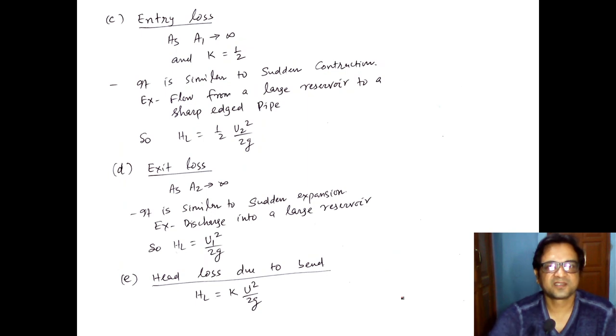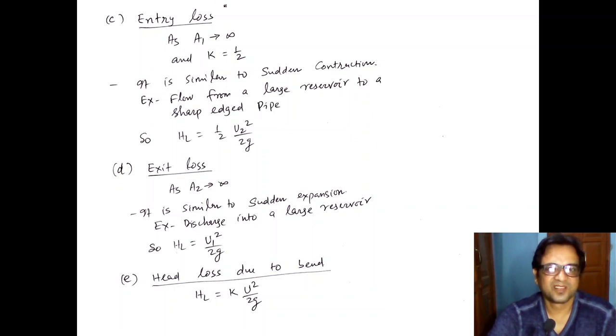Now next is entry loss. Entry loss means it is a sudden contraction, like flow from a large reservoir to a pipe. Generally the flow takes place from a large reservoir to a pipe. So it is similar to a sudden contraction, but area 1 is infinite.